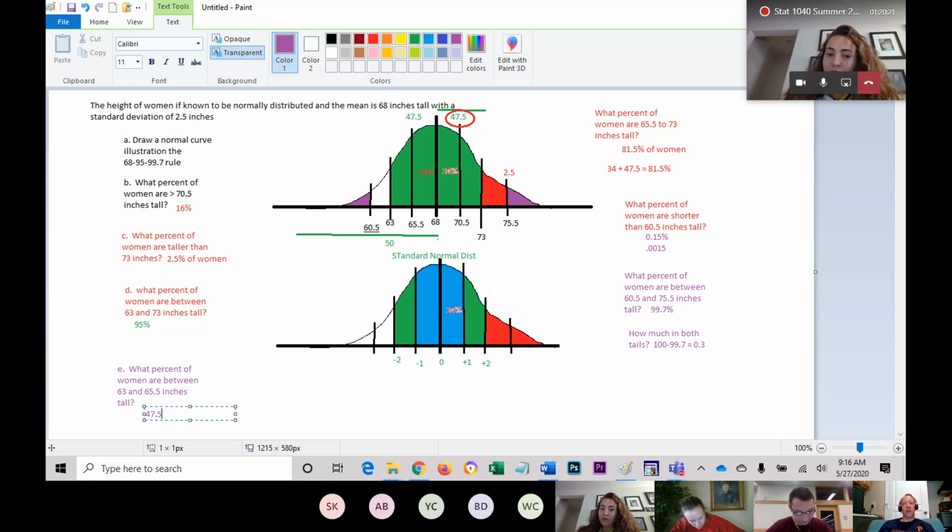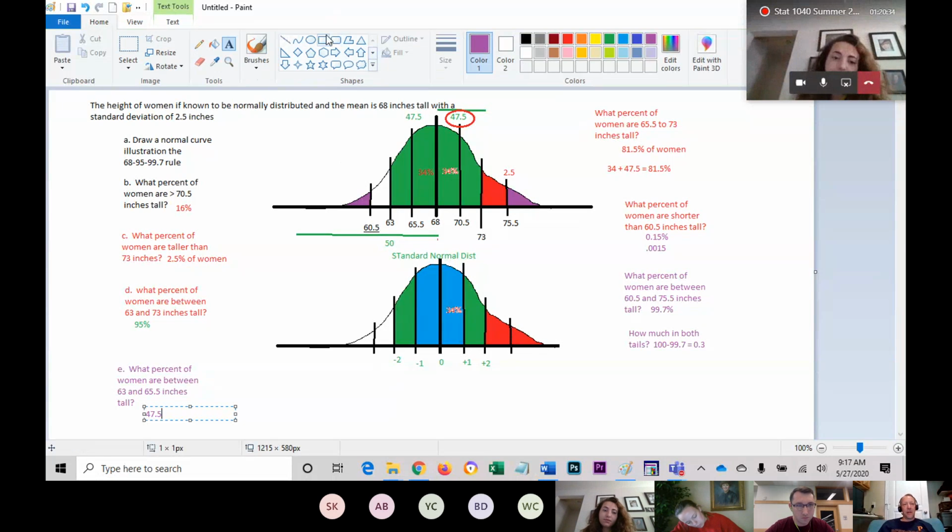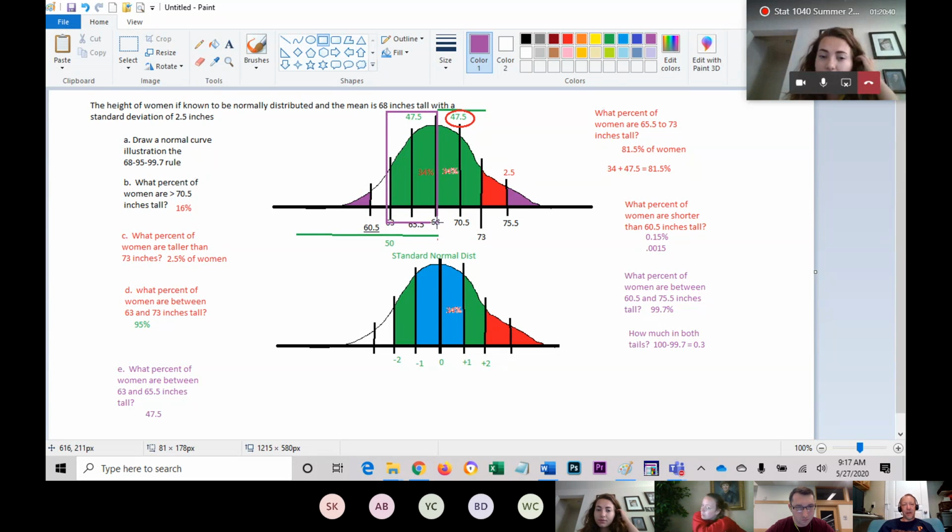No. So you're correct. So the idea here is, let me draw a box here. So you have correctly said that 47.5 is in this box. That's supposed to be right on 63, but it's kind of hard to read if we do it that way.